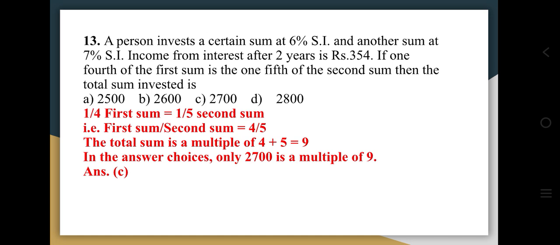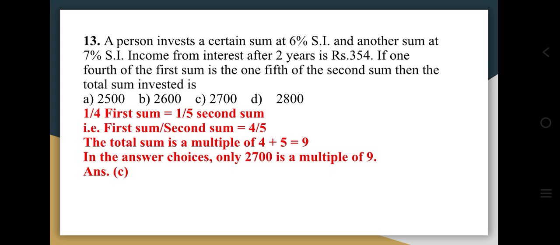A similar problem. A person invests a certain sum at 6% simple interest and another sum at 7% simple interest. Income from interest after 2 years is rupees 354.